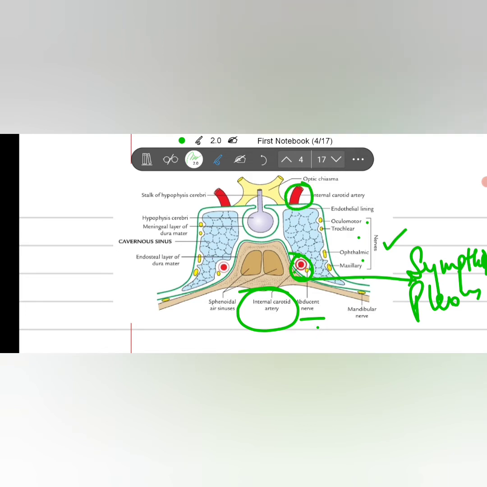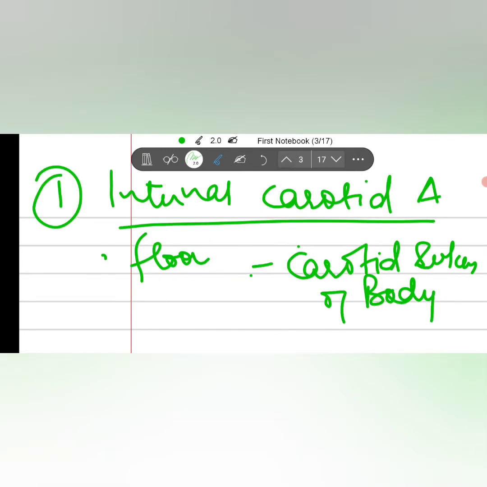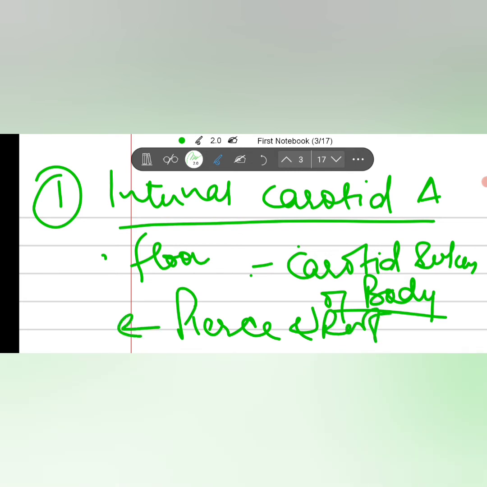It pierces the roof of the cavernous sinus through the carotidoclinoid foramen. Then it takes a backward and then a forward turn, the siphon of the internal carotid artery, which we will study during the lecture on the internal carotid artery.